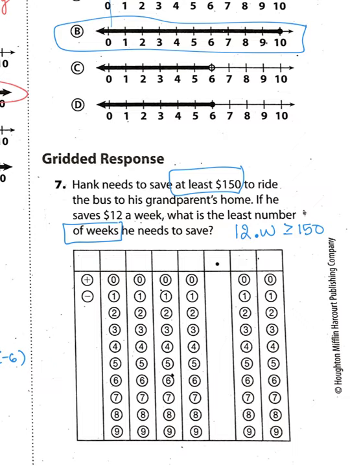After I divide by 12 on both sides, my w is greater than or equal to 12.5. Now, I think it is okay to leave it as a decimal, because we can have 12 and a half weeks, right? We can have 12 weeks and 3 or 4 days. You don't necessarily need to round it to 13 weeks. So it's positive, so we shade the plus side, shade the 1, shade the 2, and shade the 5.